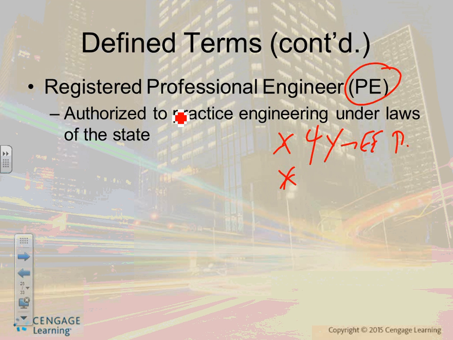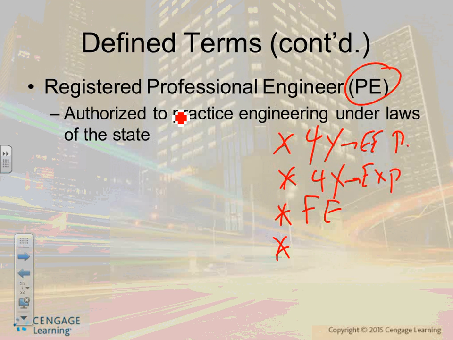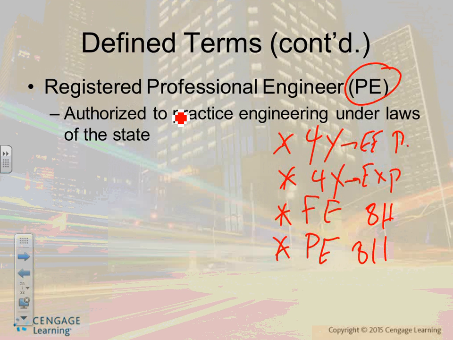Step number two, here in Minnesota, you need 4 years experience in the field, and then you need to pass the fundamentals exam, and then you need to pass the professional engineering exam. These are 8 hours, and this is 8 hours. That's how they do it in Minnesota.